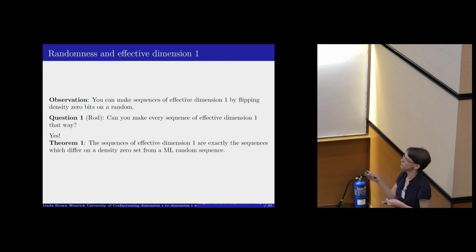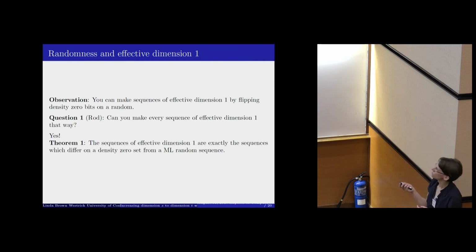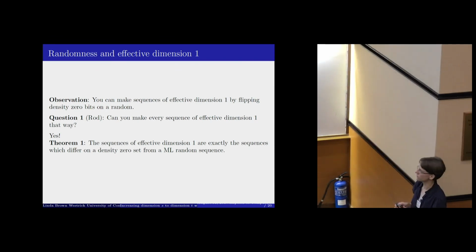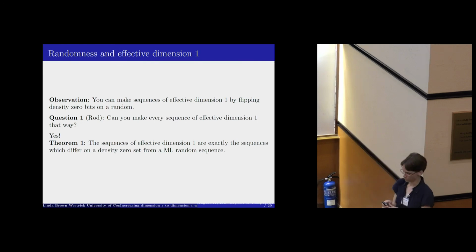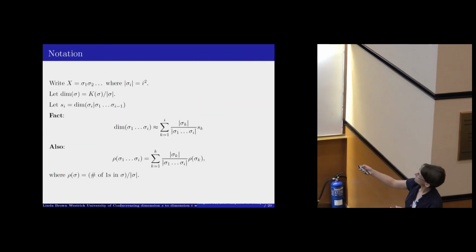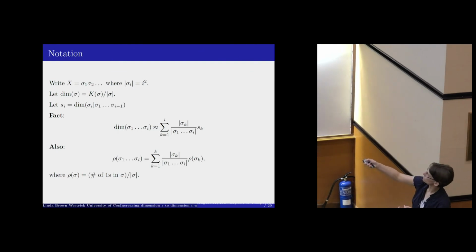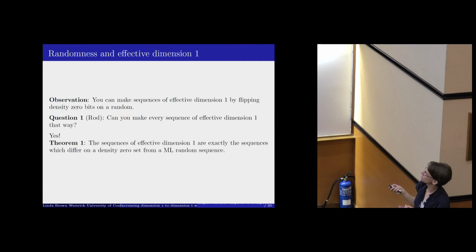So I didn't really talk about it. In order to prove this theorem, you use some arguments similar to the arguments for the main lemma, but because you're trying to get into a Martin-Löf random sequence, it's no longer enough to just do something chunk by chunk, because this approximation definitely loses some bits, and with a random you can't lose any bits.